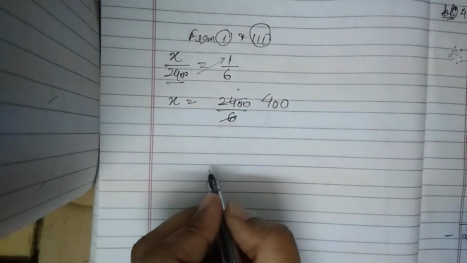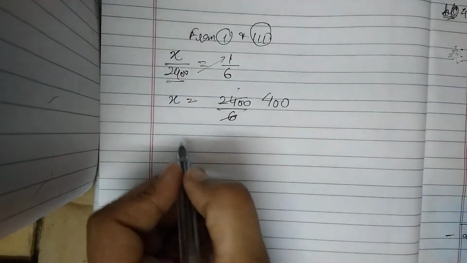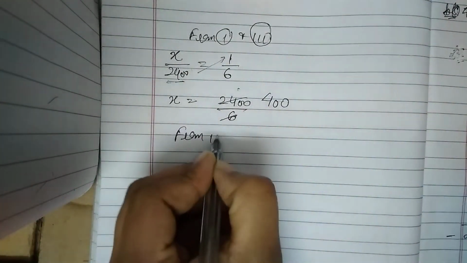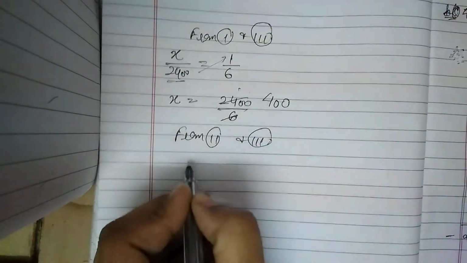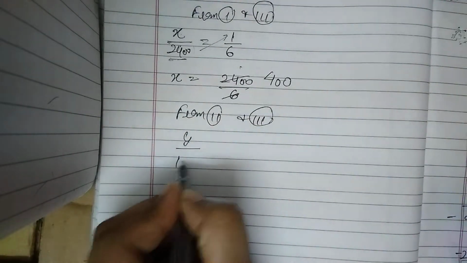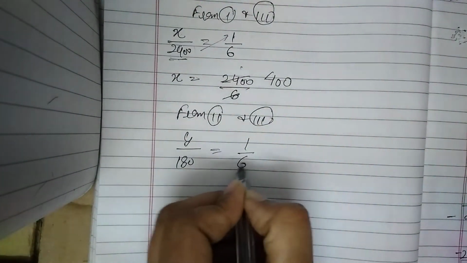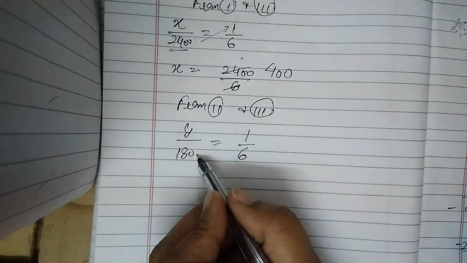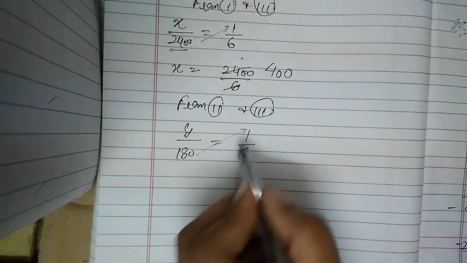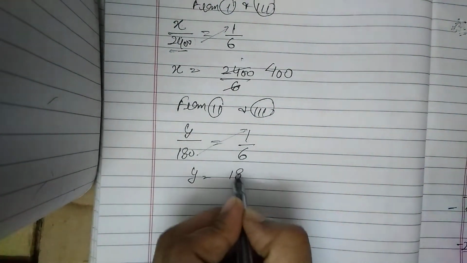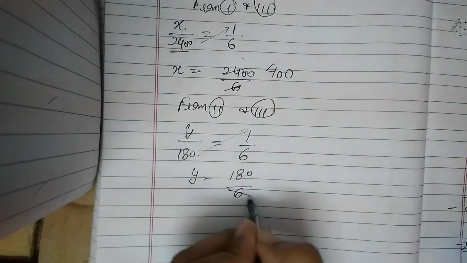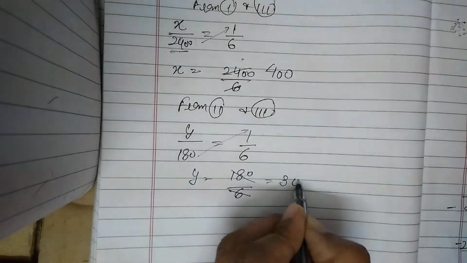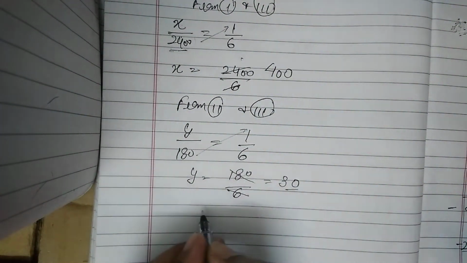Now x is 400. Now from the second and third term, y upon 180 equal to 1 by 6. Now similarly shift 180 to here, then y is equal to 180 upon 6, that is 30. Then y is 30.